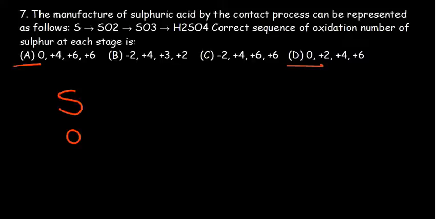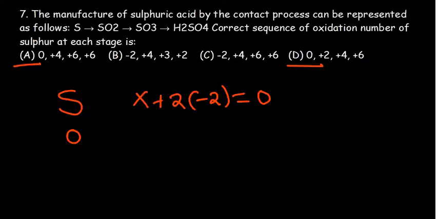If I take the second one, sulfur dioxide, SO2, I'll put X for sulfur. We've got 2 oxygen atoms, and oxygen is -2, equated to 0 because there is no charge on the compound. I was just confirming whether there is a charge or not.